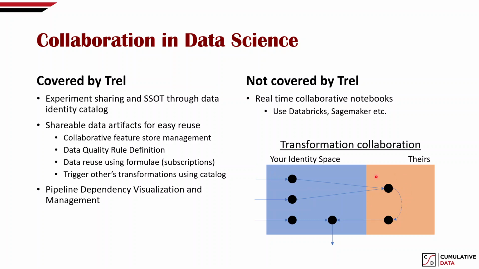So to trigger your colleague's data transformation pipeline, you can use one of your jobs to generate the data with the dataset class that corresponds to your colleague's, and the presence of that entry will automatically trigger your colleague's pipeline, and output will be produced, and this output can be used as an input to your pipeline.